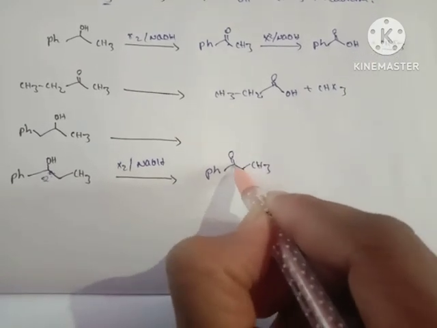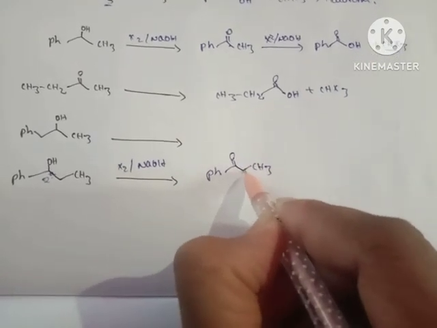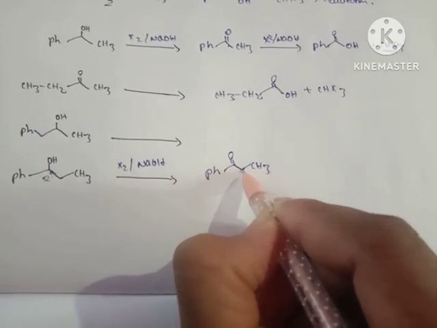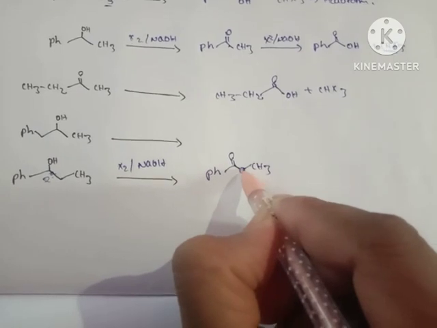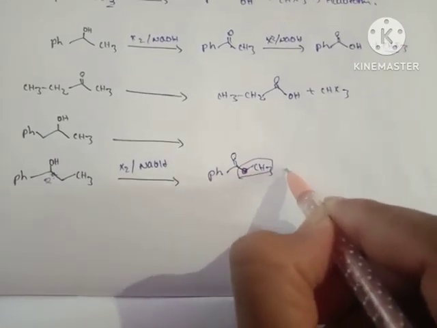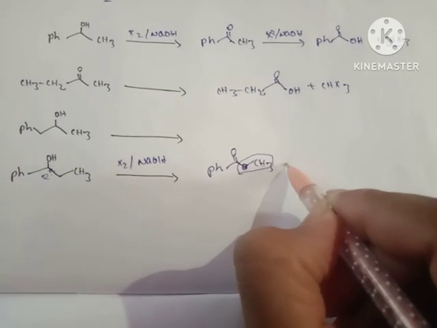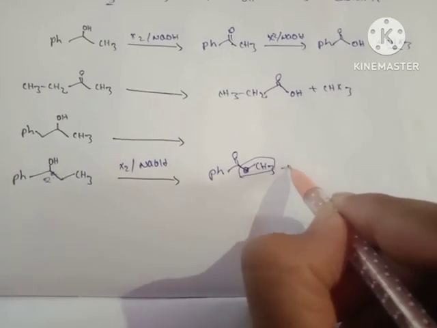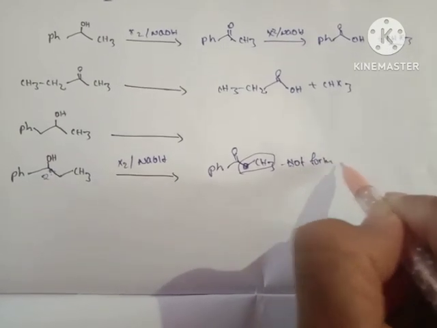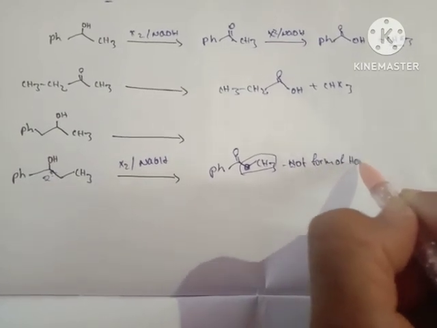In this case, the methyl group is not directly attached to the carbonyl group. It is an ethyl group, so haloform is not formed. In this reaction, it is not forming haloform.